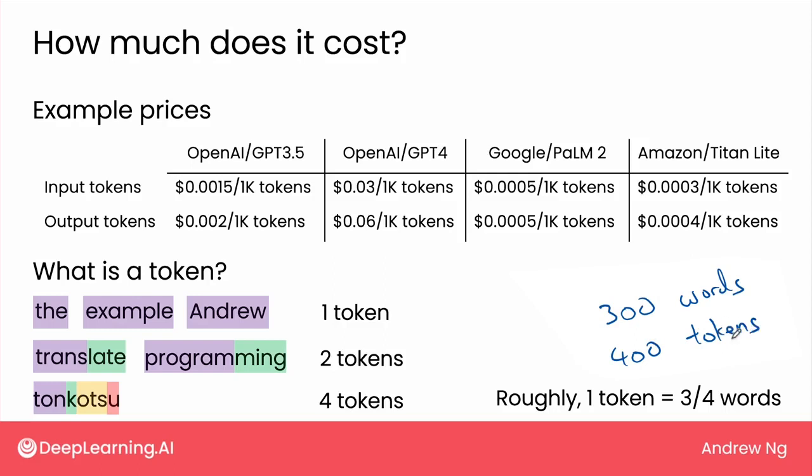Don't worry about it if the math doesn't totally make sense, but the intuition I hope you take away from this is the number of tokens is loosely equal to the number of words, but a little bit bigger. It turns out to be roughly 33% more than the number of words. And on the next slide, we'll do this calculation assuming a cost of 0.2 cents per 1,000 tokens. But of course, if you were to use different LLM options, the cost may be higher or lower.